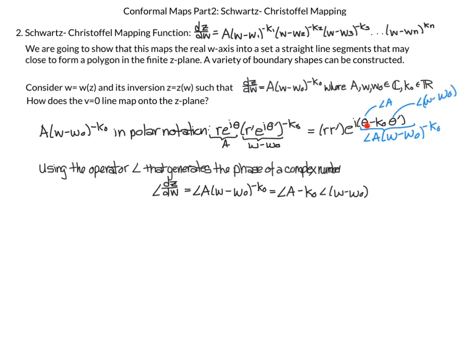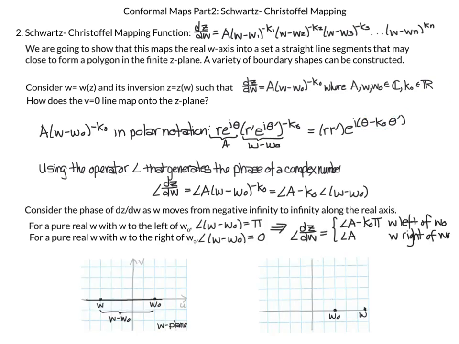I went ahead and labeled this. We multiplied our A times w minus w naught to the minus k naught, and we got a new complex number with this radius r prime and this phase, theta minus k naught theta prime. This part of the phase comes from the phase of A, and this part comes from the phase of w minus w naught, the theta prime.